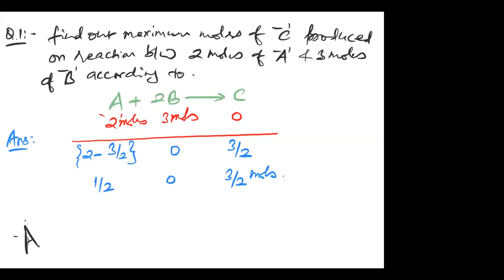B is going to be the limiting reagent, which is completely consumed. If you see the final calculations, the final moles of B become 0, and A and C are still remaining. So B is the limiting reagent, and this gives the maximum moles of C produced.